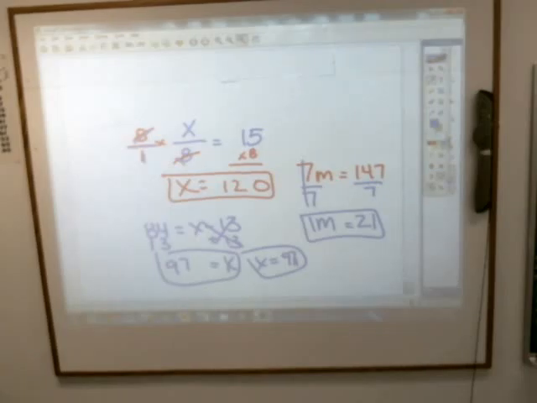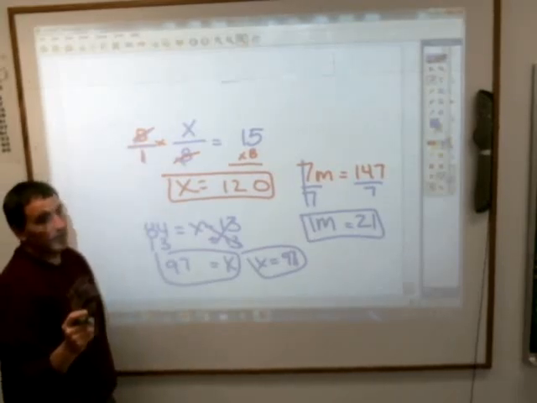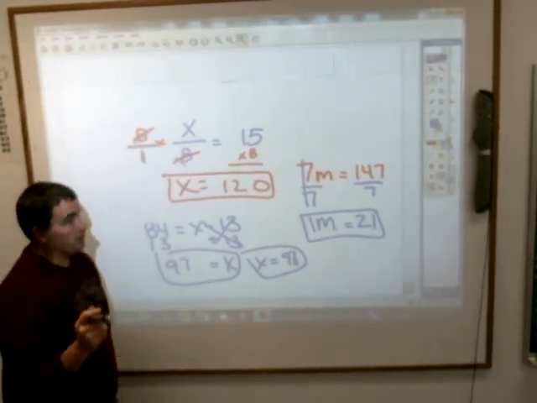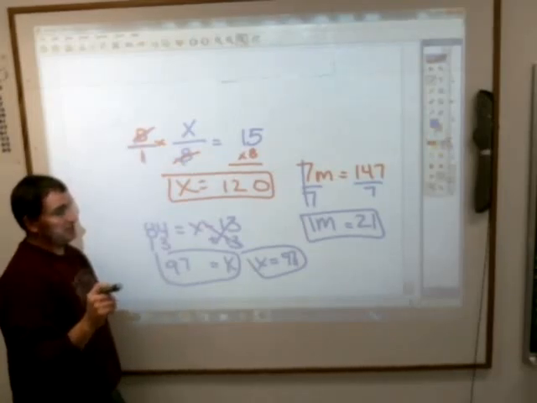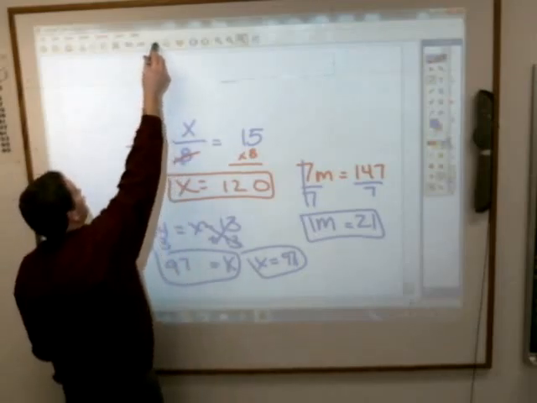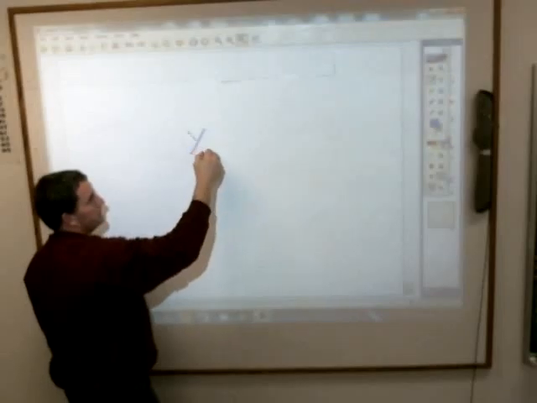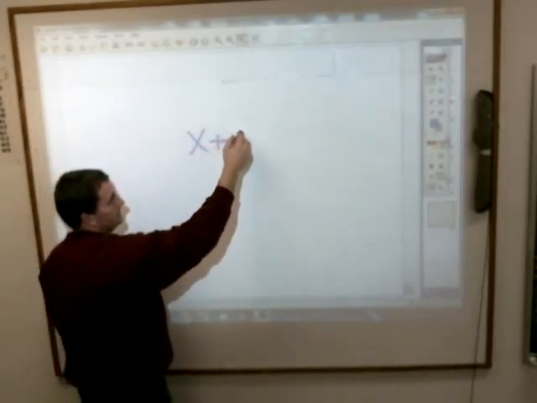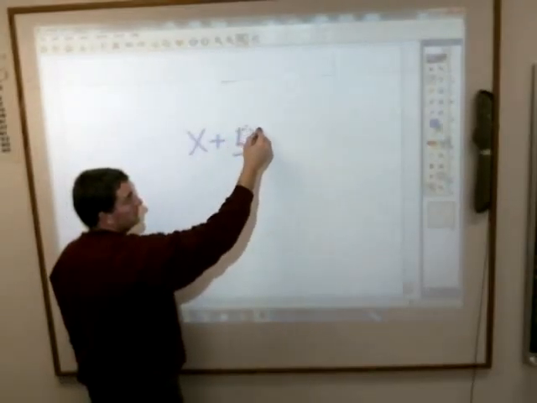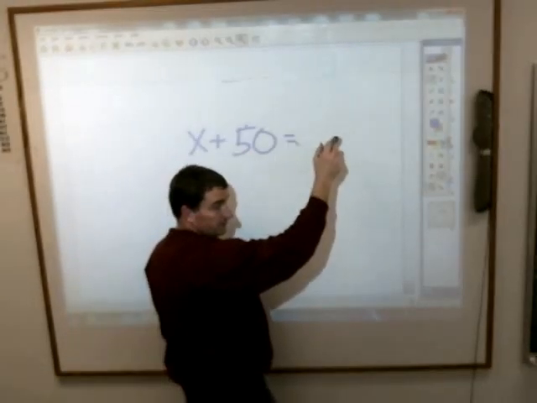Alright. Now, special case. Westfall? You know another addition one? Another addition one? Yeah. You want me to do an addition equation or a subtraction equation that's solved by addition? You give me an example, throw one out. x plus 50 equals 175.